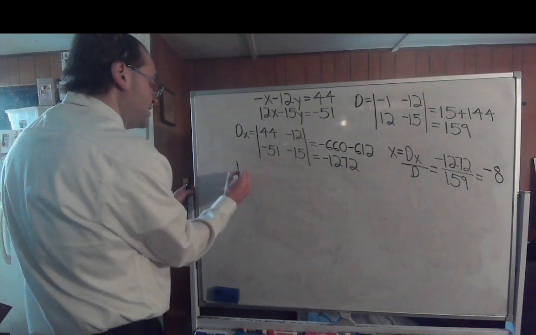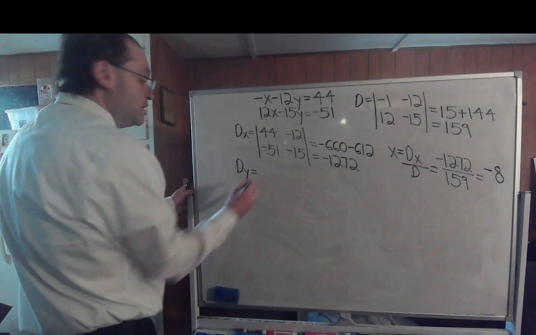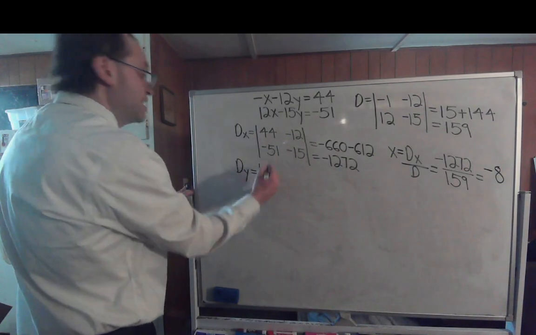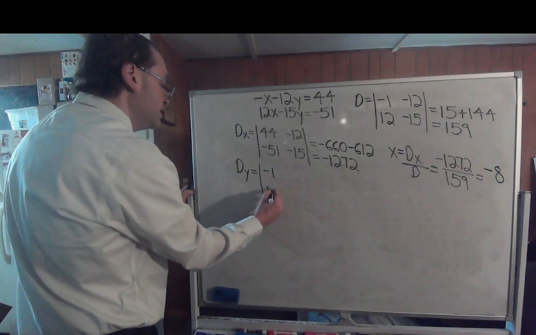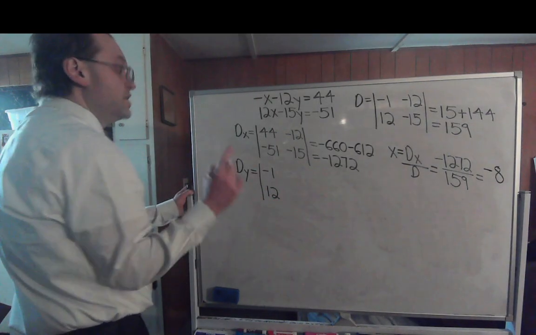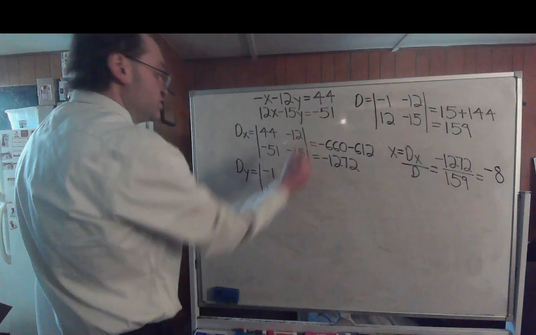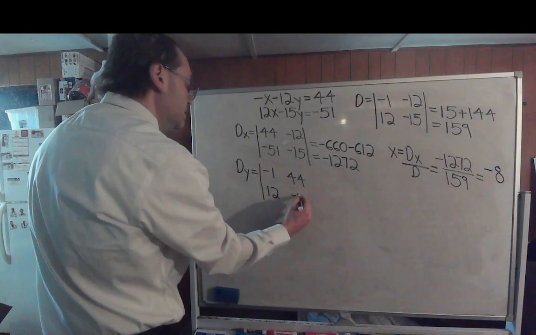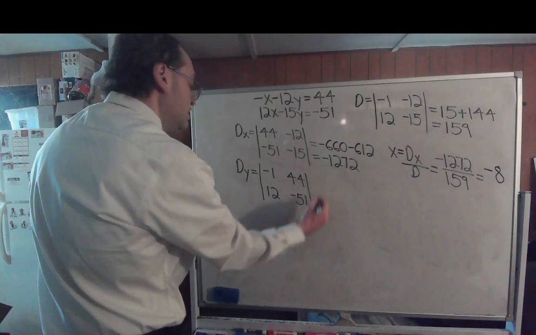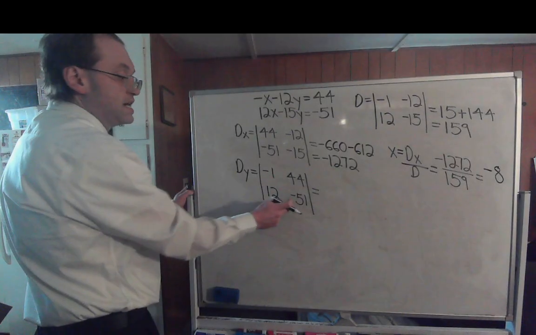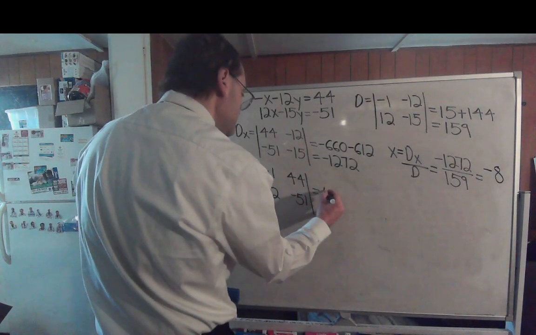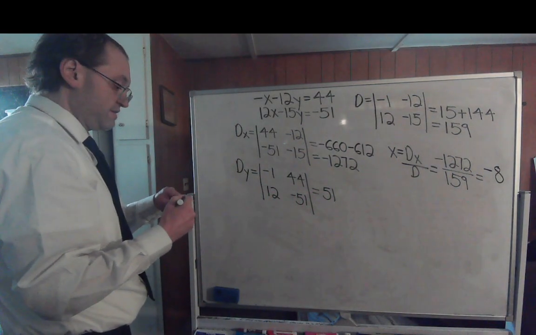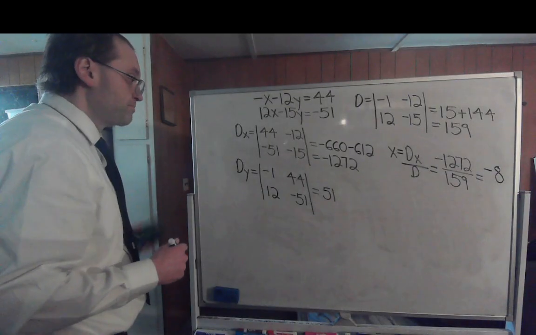So first we have to find d sub y. So to find d sub y, we keep our x coefficients the same this time, which would be negative 1 and then 12. And then we're going to replace the y coefficients with that 44 and the negative 51. Alright, so negative 1 times negative 51 turns into positive 51. Minus 44 times 12, we're definitely going to get a negative number.